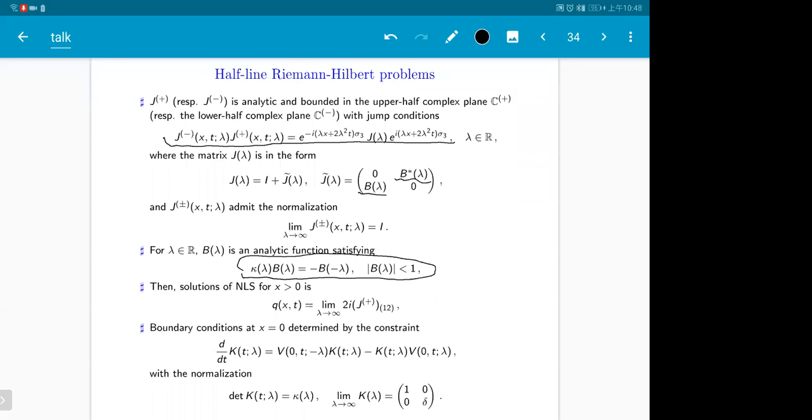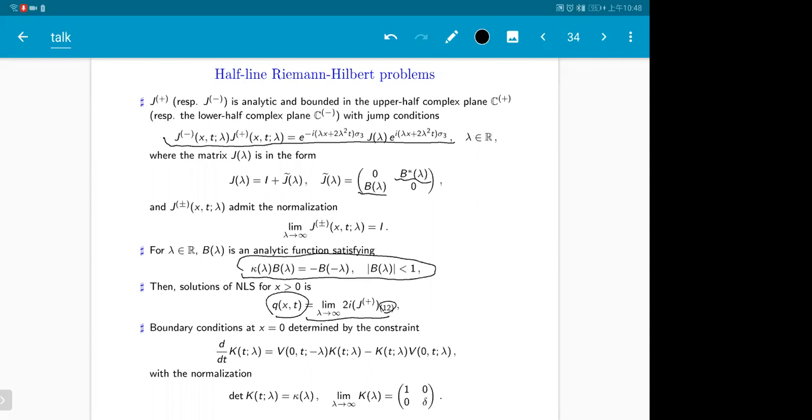Then we can state that if we represent the solution of the Riemann-Hilbert problem as the integral, then the solution Q is in this form, by extending lambda to infinity and taking the 1, 2 entries of G plus.